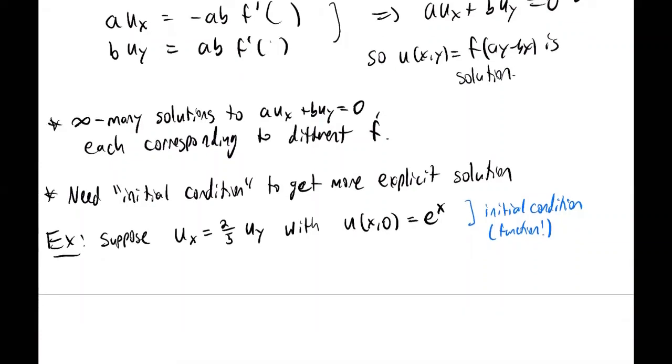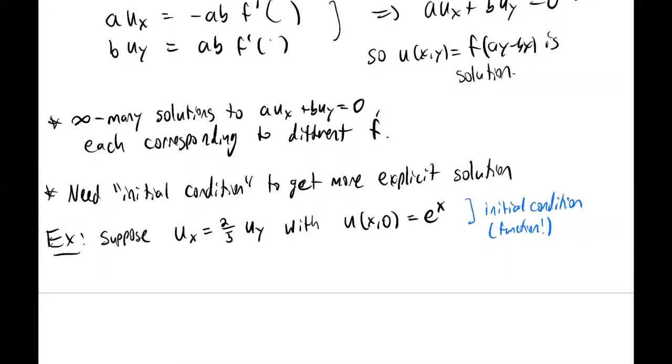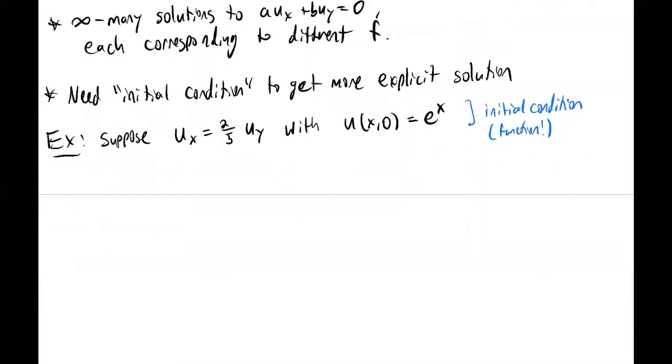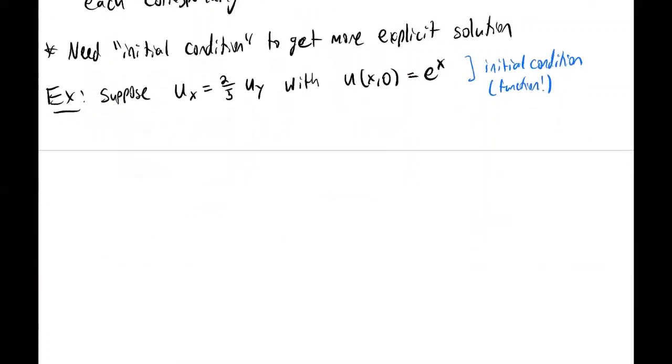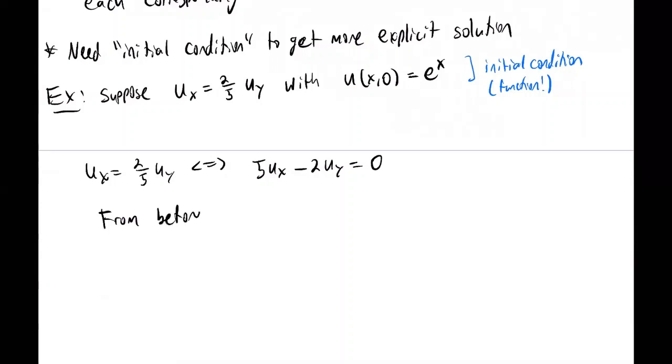We can now solve this problem and get an actual, concrete function using the methods we just saw. First, let's rearrange this PDE to put it into the form we saw above. u_x is equal to 2/5 u_y, which is the same as saying 5 times u_x minus 2 times u_y is equal to 0. From before, we already know that u of x, y has to equal some function f times, what was the formula?